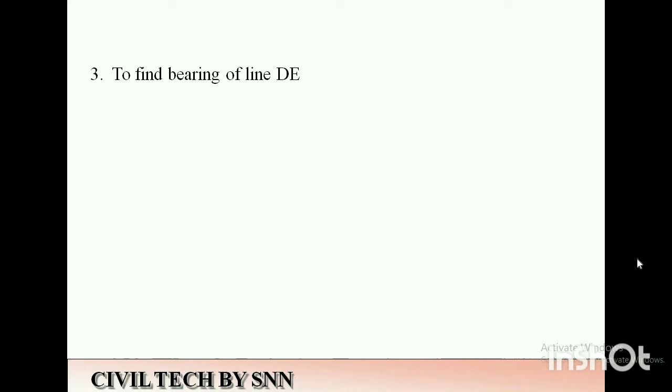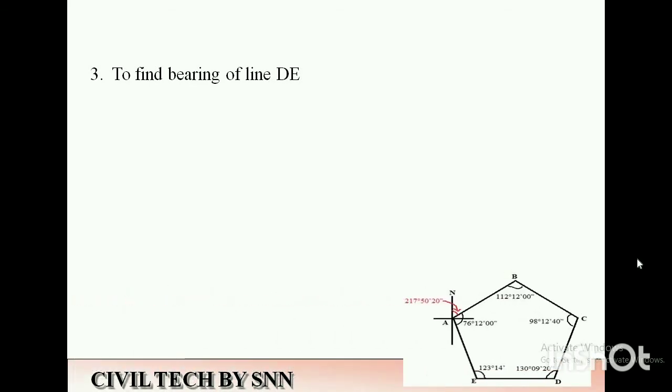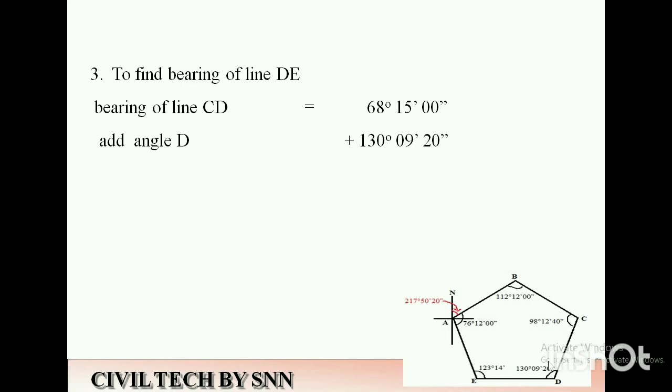Next, to find the bearing of line DE. So the previous line is CD. So the bearing of line CD is 68 degree 15 minute 0 second. Add angle D, that is the angle between line CD and DE, which is 130 degree 9 minute 20 second.